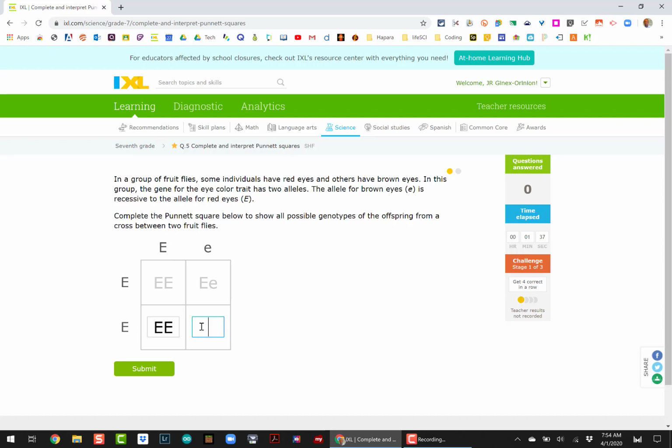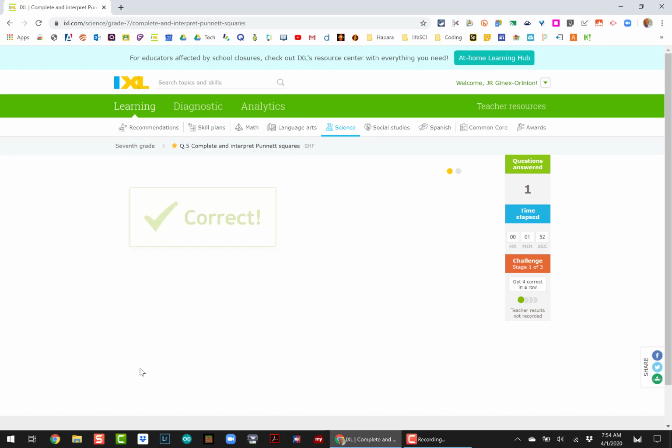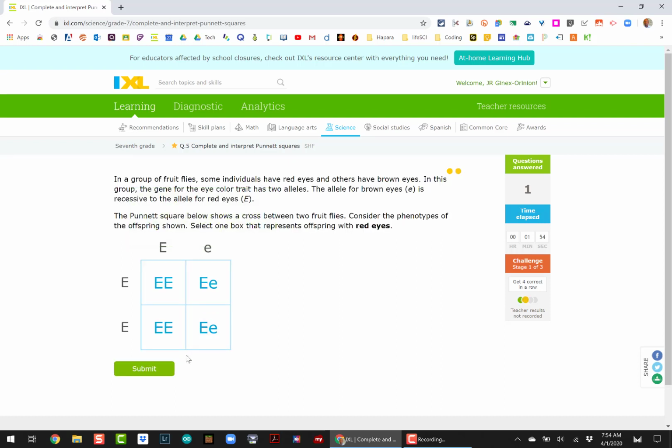Now let's see if you can figure this one out. So this has to be a little e and a capital E. But we won't write it like this, okay? The dominant trait is the one that comes first, and then the recessive trait comes next. And click submit. Awesome. And the nice thing about IXL is it gives us immediate feedback.